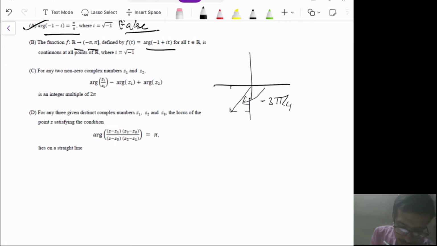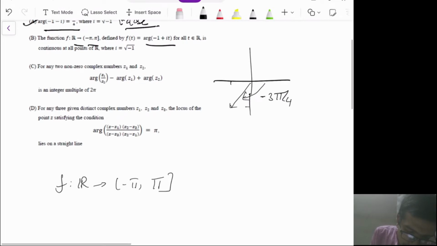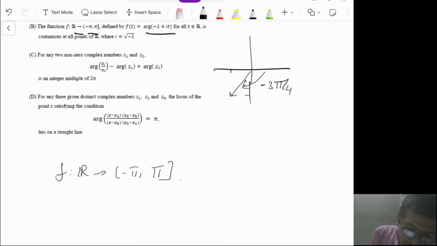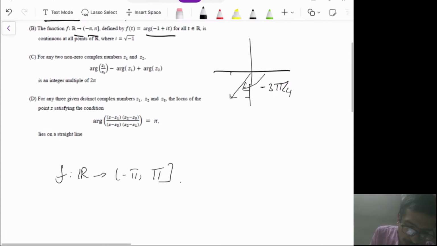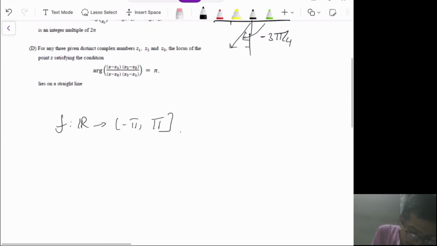Okay. So let us see how this function looks. So f goes from R to minus pi to plus pi, and how is this function defined? So basically I need to look for the argument of minus 1 plus iota t.